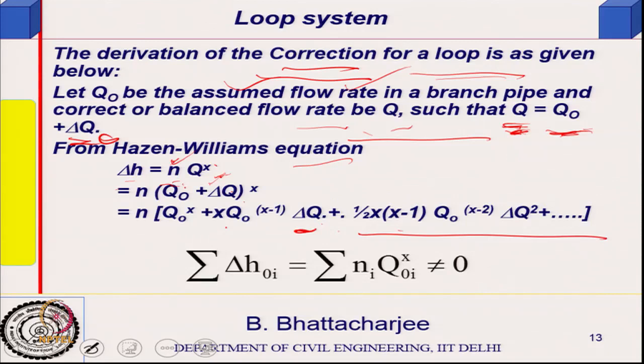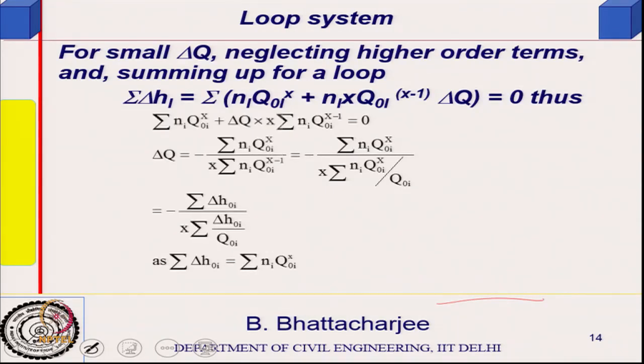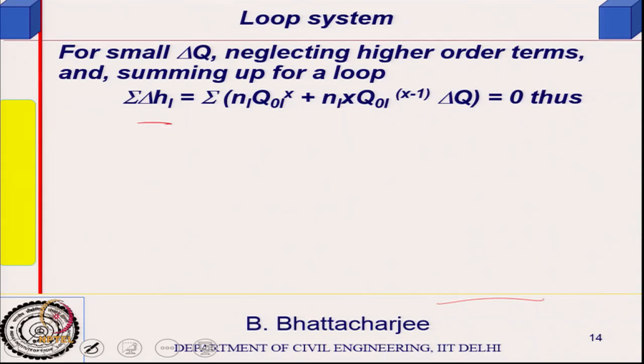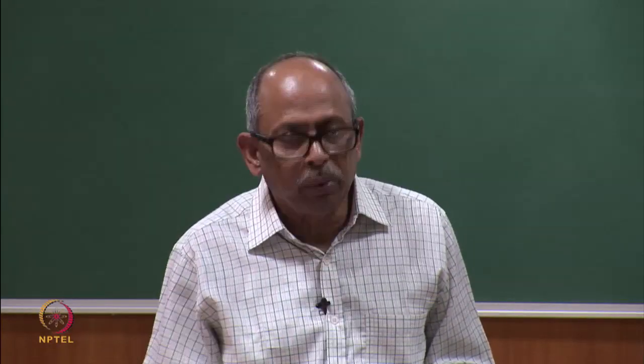So, delta h in the first trial was not equal to 0. Then I want to find out the correction, such that the sum total of all this should be equal to 0. I have neglected the terms beyond delta q and the delta q square and higher terms, and I have summed them up for the whole loop, and that should be equal to 0.